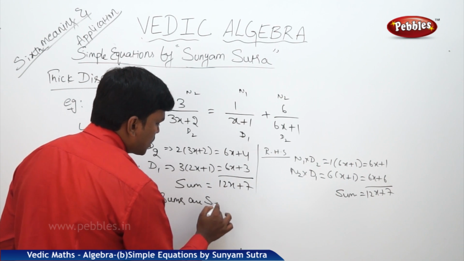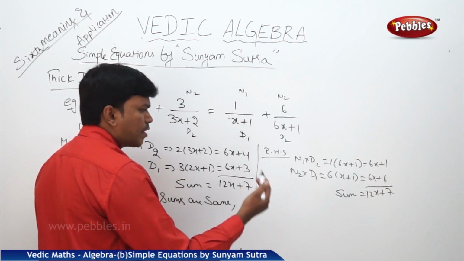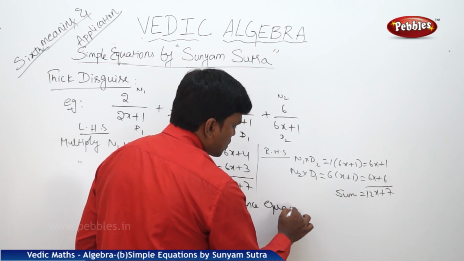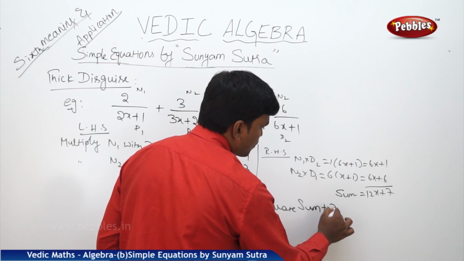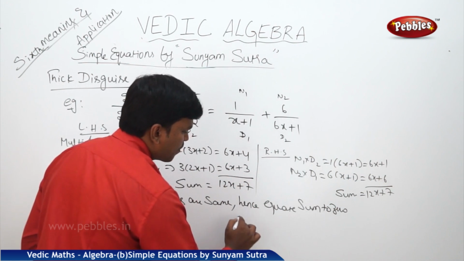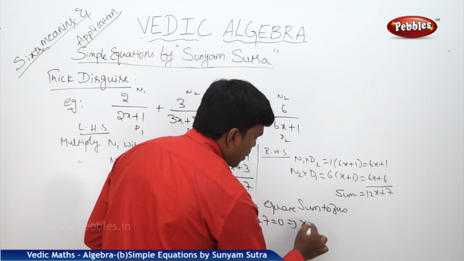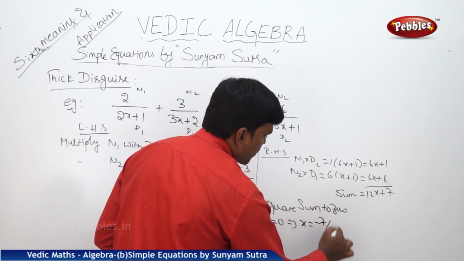Hence, equate the sum to 0. That means 12x plus 7 equal to 0. So what is the x value we finally got? x equal to minus 7 by 12.